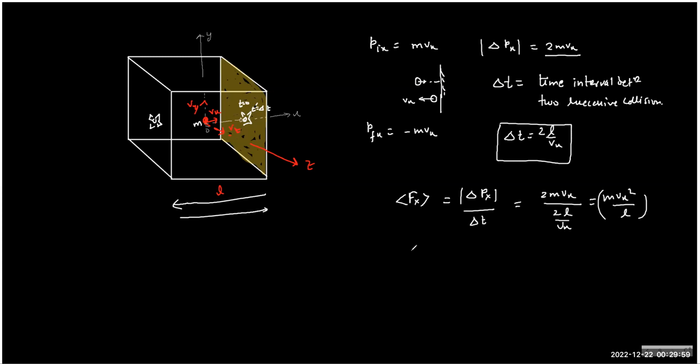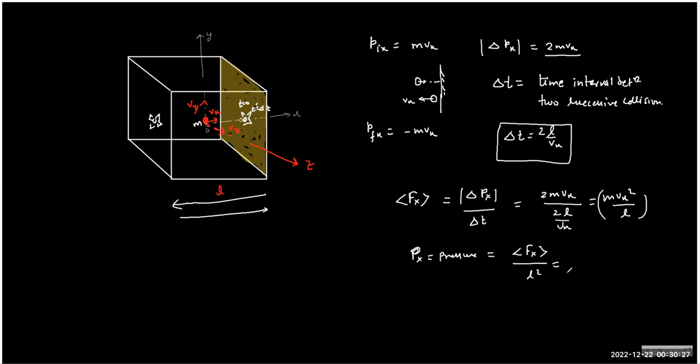So what is the pressure on the wall X? It is force upon area, L square. Depending on the container, if you take a cuboid, it will have X, Y, and something else.